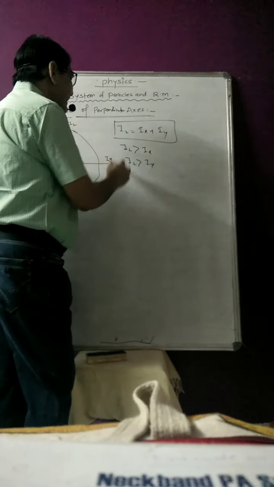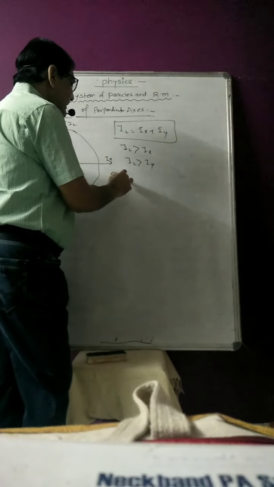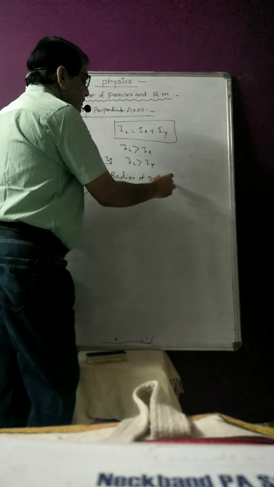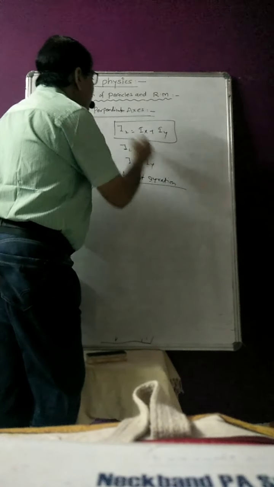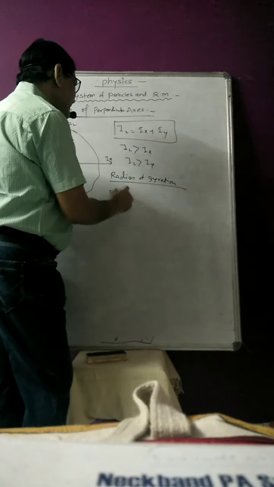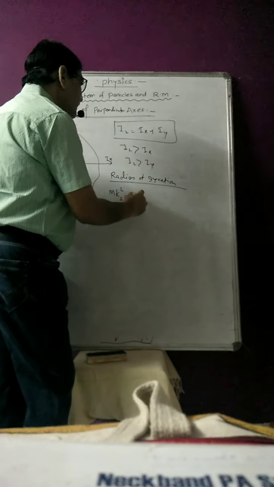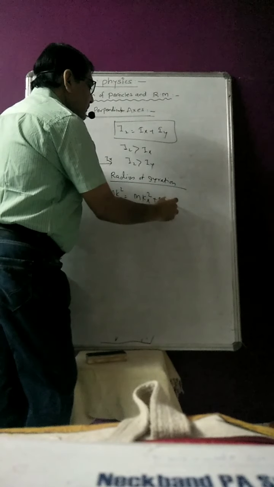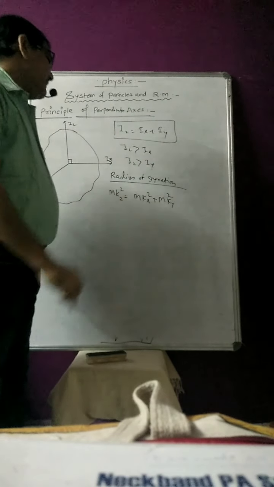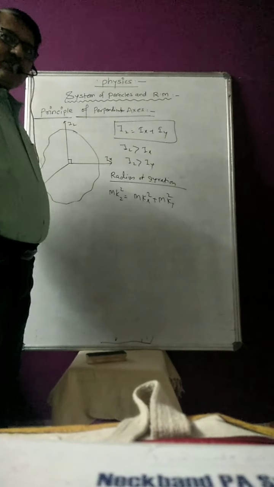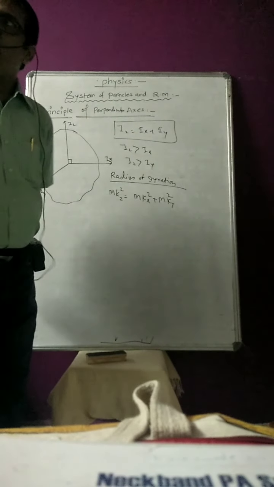So I can write down here, for calculating the radius of gyration, what I will do, Iz can be written as m into kz square is equal to m into kx square plus m into ky square. So m kz square is equal to m kx square plus m ky square.